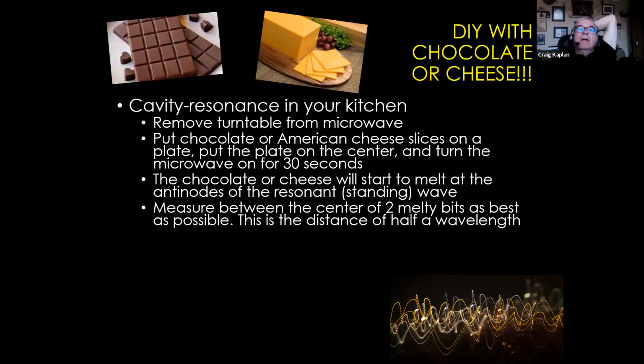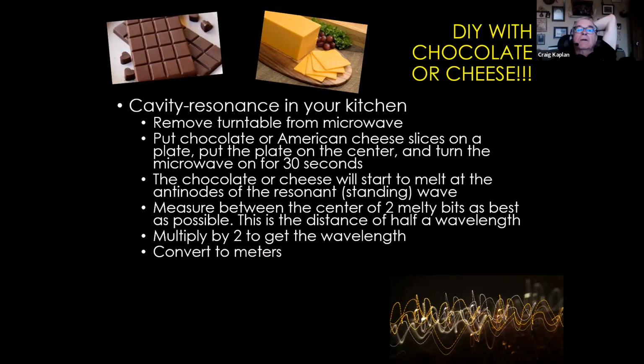So you take the center of two melty bits as best as possible, and you measure that distance, and this distance is half a wavelength. Remember, a wavelength ends up being 2 antinodes, so you multiply that to get a full wavelength.